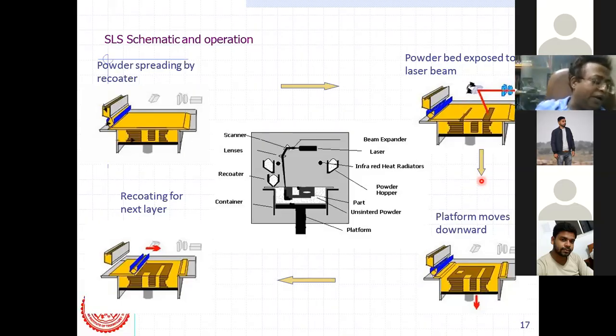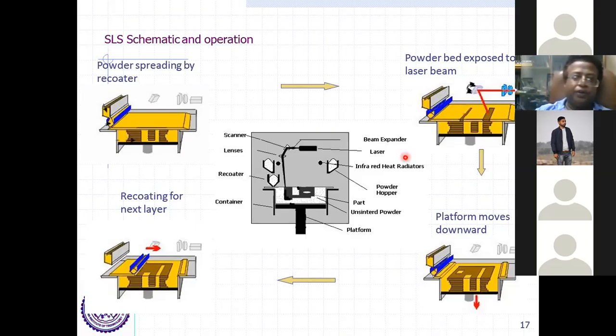In case of selective laser melting, you will have the metal powder, and you have to maintain an argon gas environment. If you are dealing with metal, metals are very much susceptible to oxidation from the oxygen and nitrogen of the atmosphere.